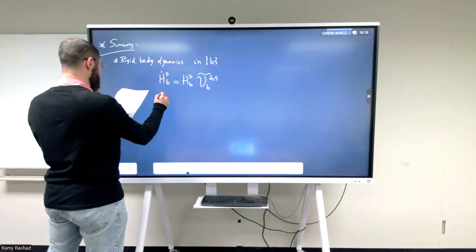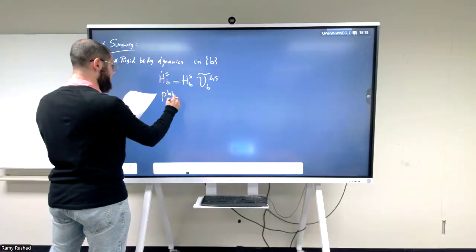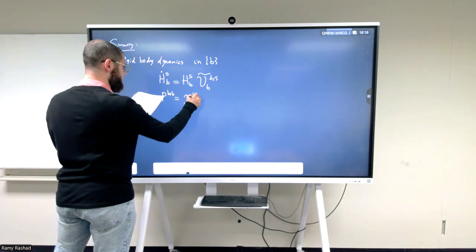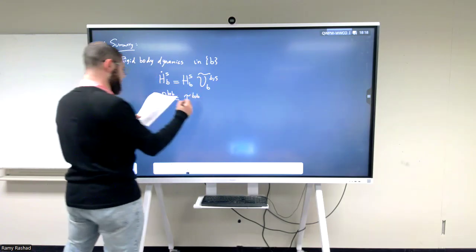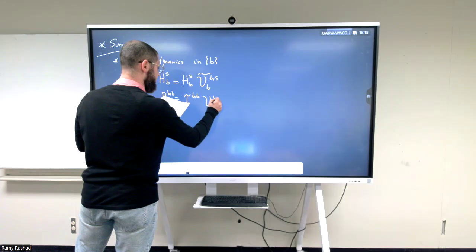And you have that the momentum, the generalized momentum, is simply the generalized inertia of the body, all expressed in the B frame, multiplied by the twist.